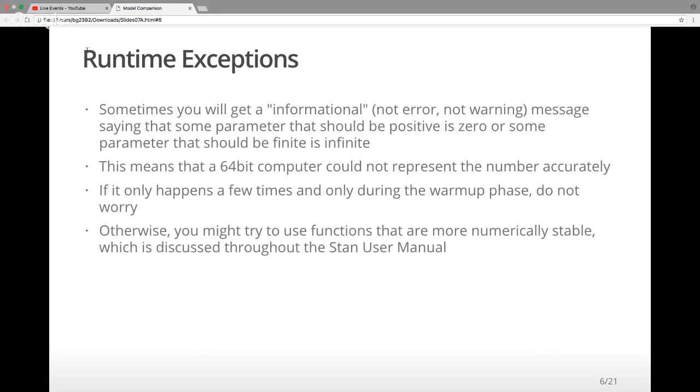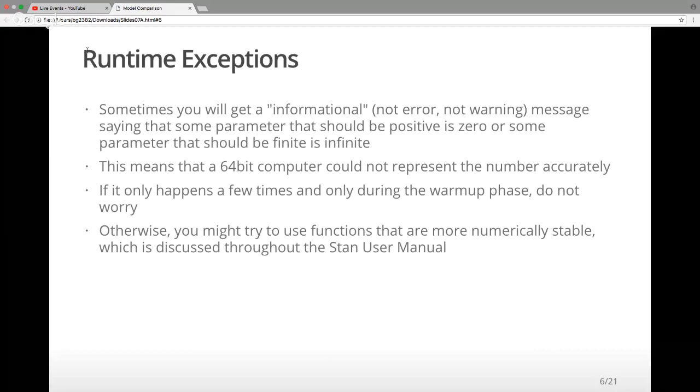What these mean is there's been underflow or overflow in the numerical evaluation of your posterior kernel, or the gradients, or something like that, which basically means that for 64-bit computers like the ones that all of your laptops are, it couldn't represent the true number accurately.